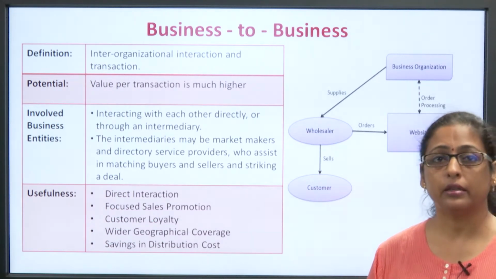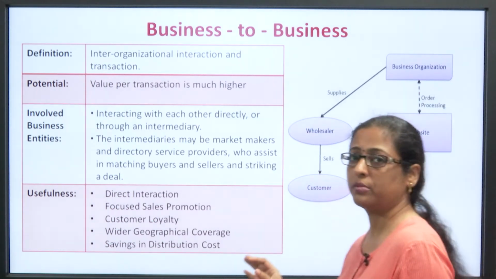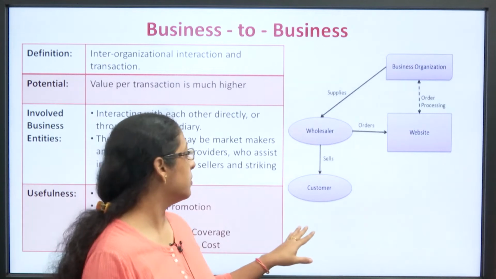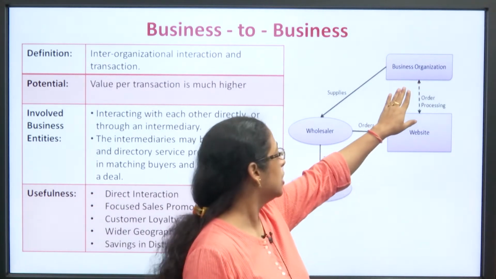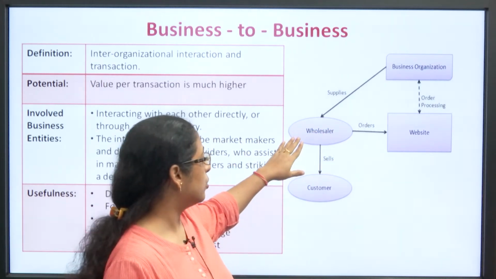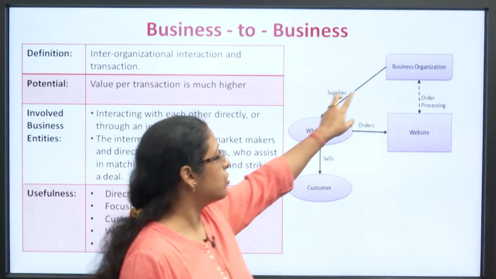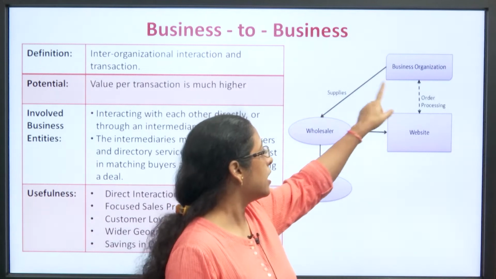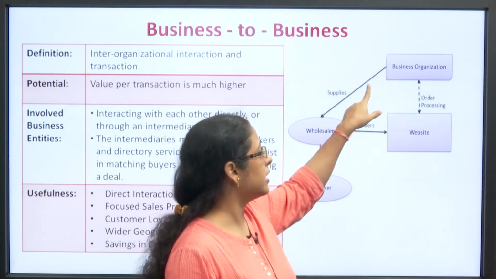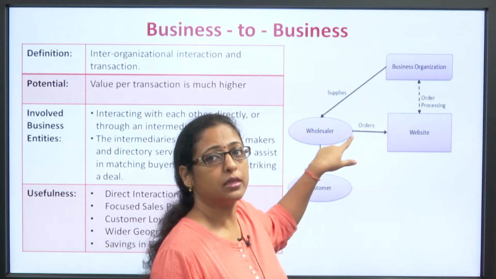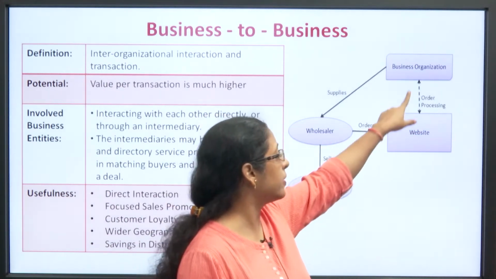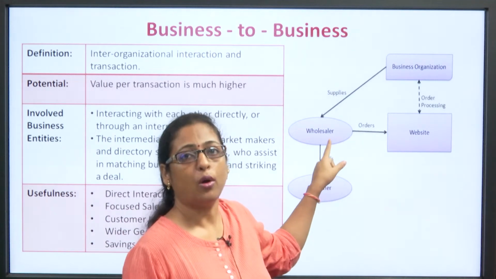From this particular diagram, we can see that there is a business organization in connection with a wholesaler, and obviously these two are business organizations. Since they want to have a business connection, they are ordering and processing through the website, that means through the online channel.